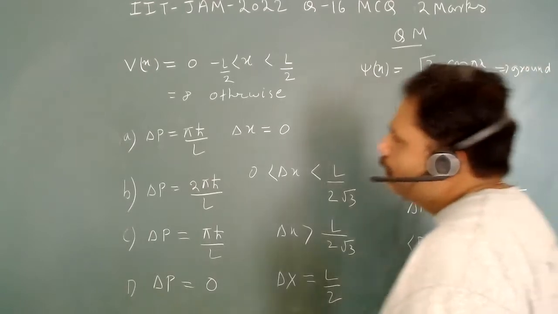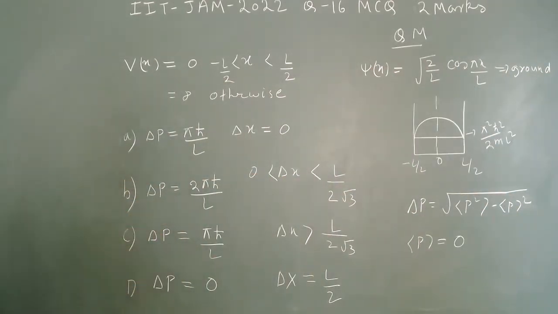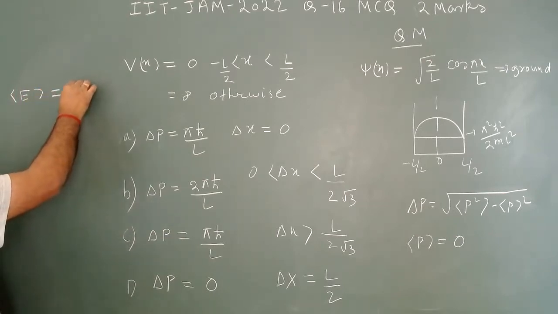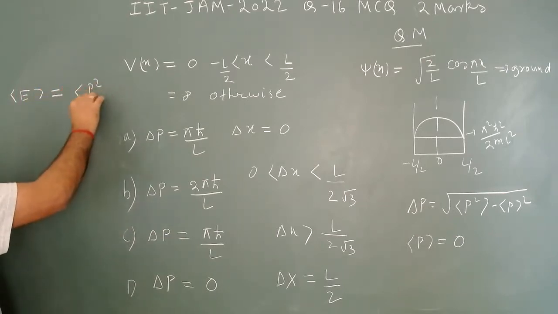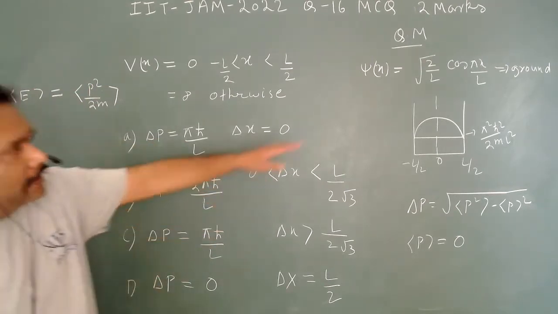Now we have to calculate expectation value of P square. Without going to integration, we can easily calculate that expectation value of energy is equivalent to expectation value of P square upon 2m. The expectation value of energy is basically the eigenvalue because it is just an eigenstate.